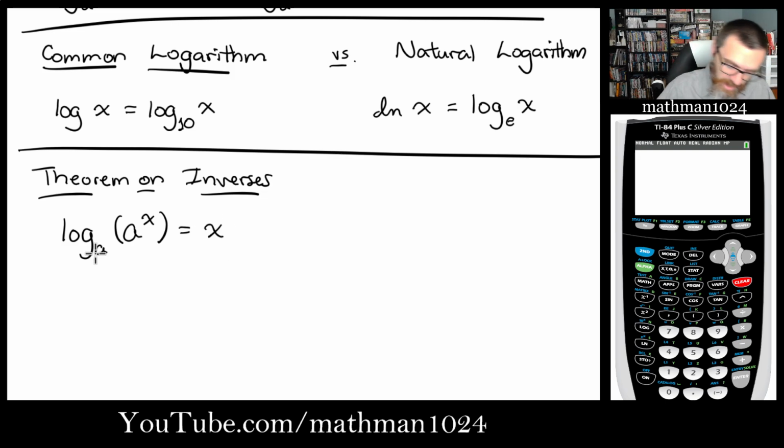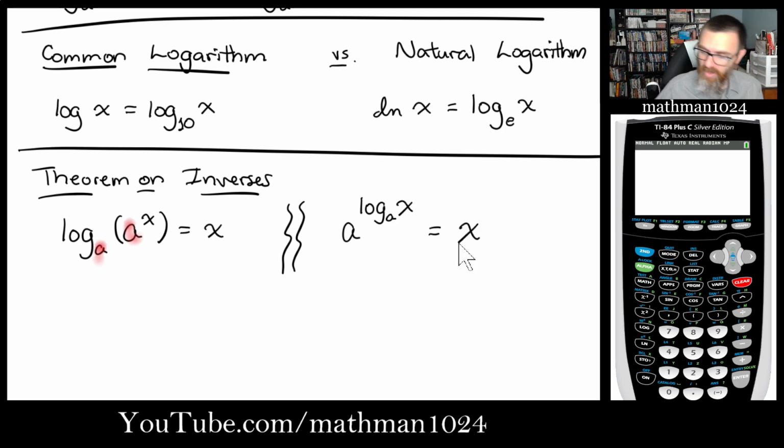So if the base of the log matches with the base of the expression inside the log, then it's as though they reduce away and you're left with just x. Or if you have a raised to log base a of x, that will also lead you to just having x. So if the base of the exponential and the base of the logarithm are the same, you're going to get whatever's left on the inside. And we're going to run through some examples of that here in just a moment.